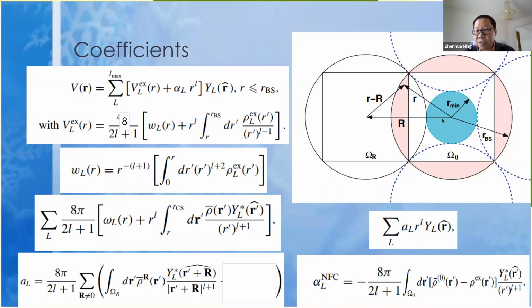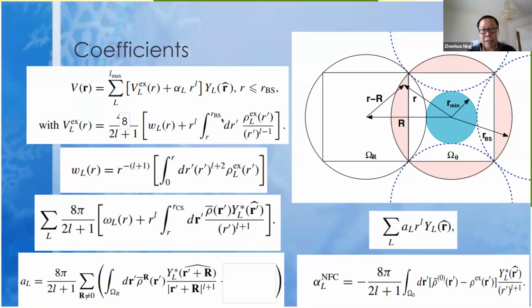So equating these two solutions, they found a near field correction. Please note that in their equation, this integral range is incorrect. I will explain this later. And this near field correction is actually obtained by this term and this term here.